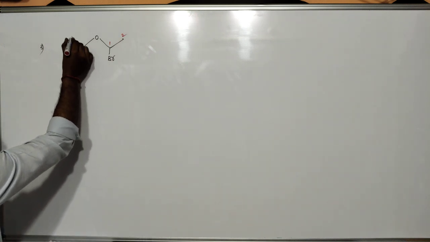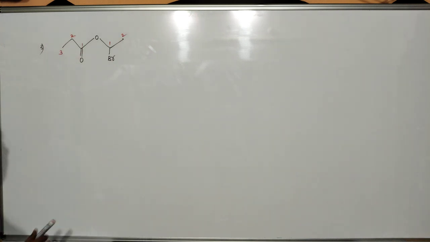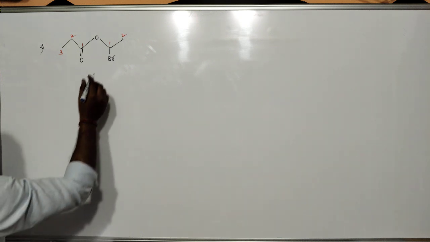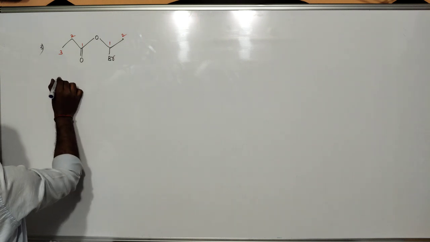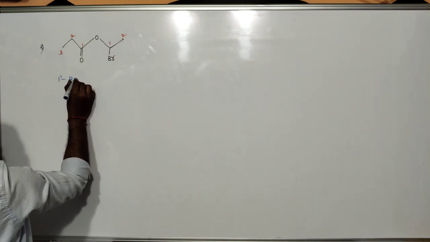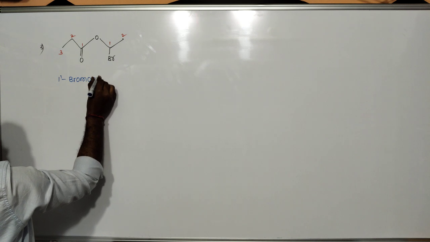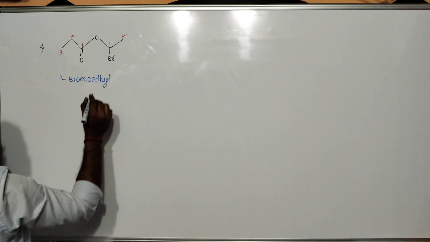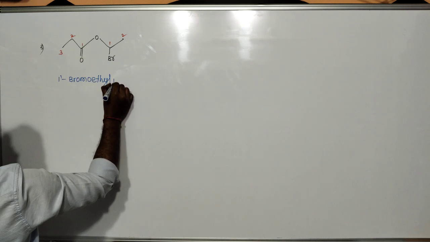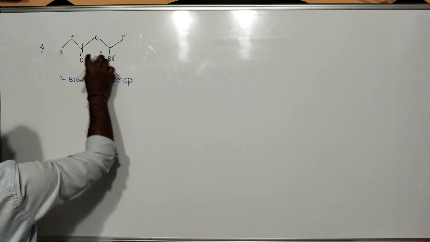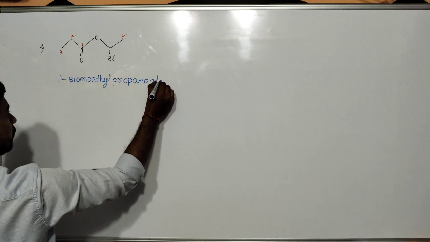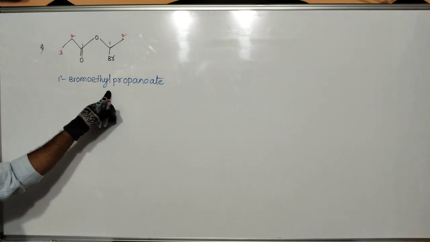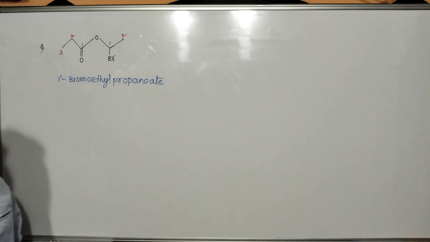In the root word 1, 2, 3, like this. How do you write the IUPAC name? First the branch name, ethyl, 1-bromoethyl. 1'-bromoethyl is the substituent. Then 3 carbon atoms, prop, between those 3 carbon atoms a single bond, ane, oate. 1-bromoethyl propanoate is the IUPAC name of this molecule.